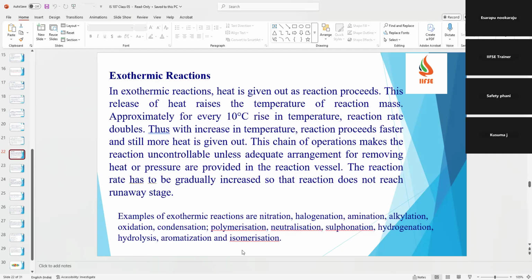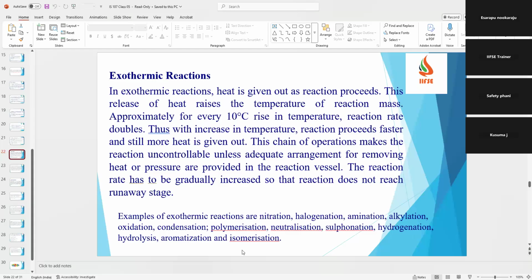The reaction rate doubles whenever the temperature of the reaction reaches a 10-degree rise. The reaction rate doubles in the sense that the reaction becomes faster, thus with the increase in temperature the reaction proceeds faster and still more heat is given out.